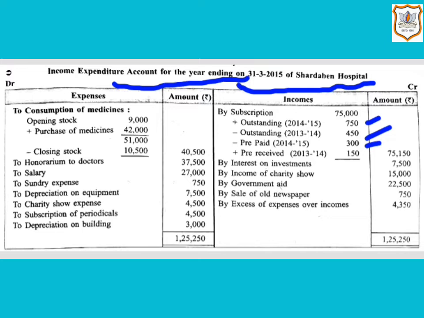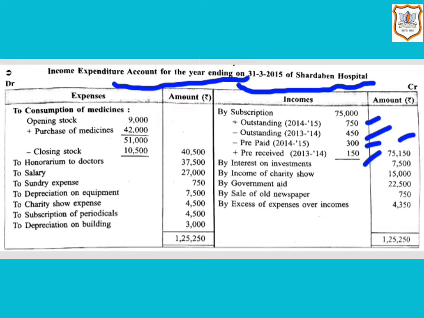Then 150 is the amount which was received in previous year in advance, which is of this year. So as it is of this year, we will add this, but we have received it in advance in previous year. So by adding and deducting, we will get 75,150 as the amount of subscription in the outer column.